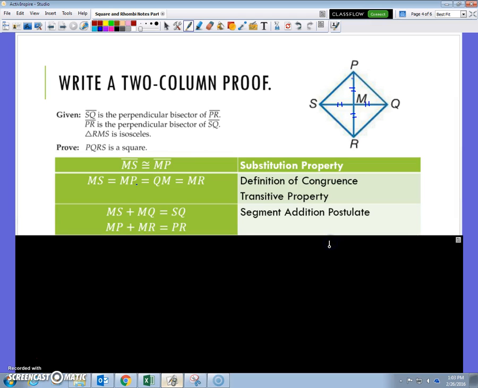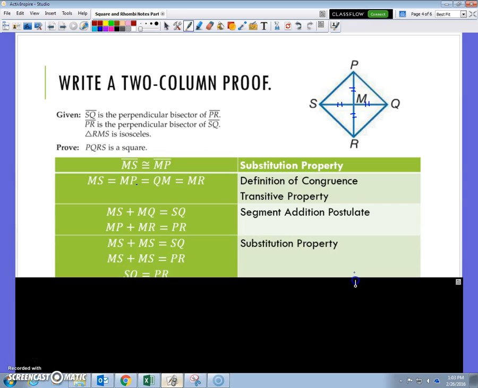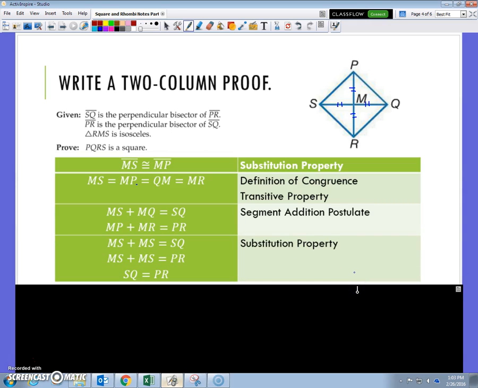Now let's take a look at the segment addition postulate. What that says is that if I add SM with MQ, it's going to equal the whole segment. If I add PM with MR, that will be the whole PR. That's going to be important here because I need to use substitution to prove what I'm going for. MS and MS will equal SQ, the whole thing. I know this through substitution.